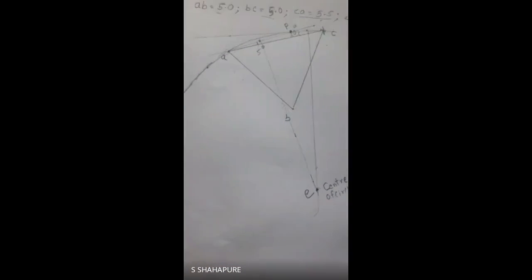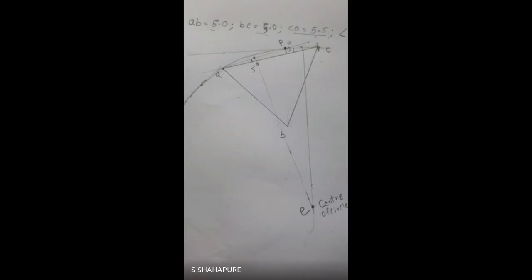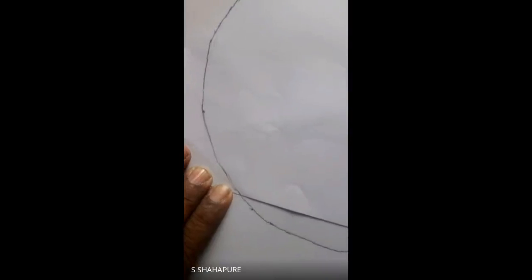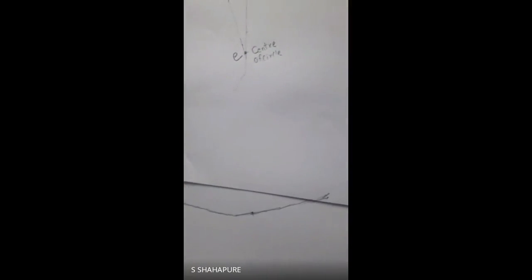Okay. Now I think you can see these three triangles, the perpendicular bisector that I have told, and this circle is slightly bigger. It is like this way. It is a circle.